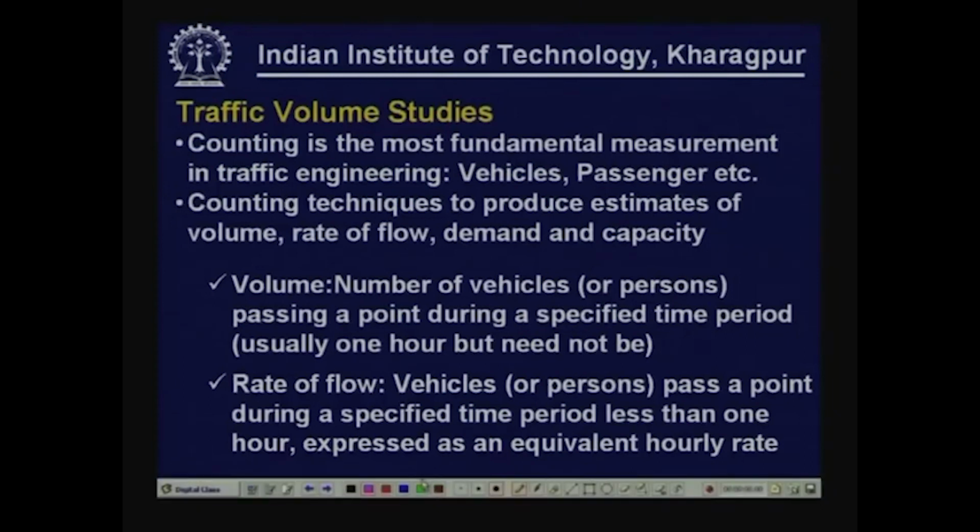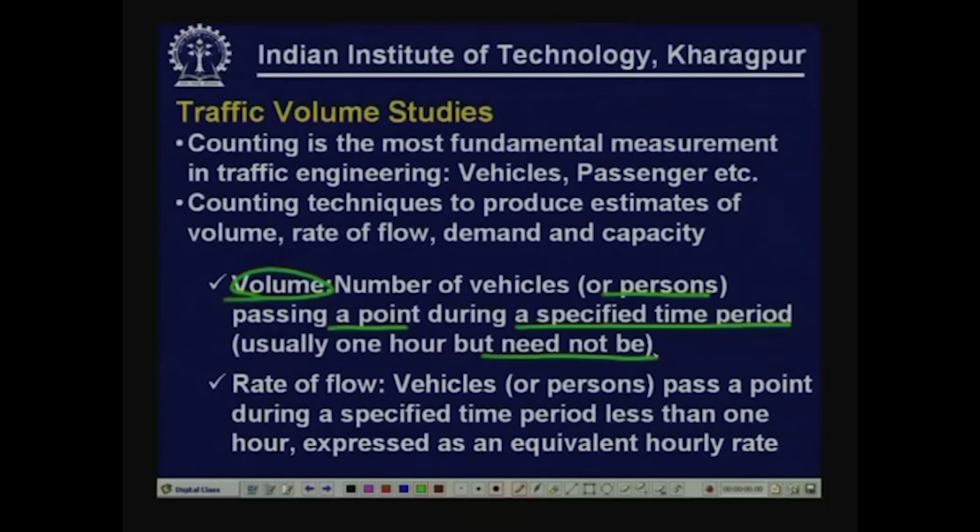Now, they are related terms. So, let us try to understand them. First is the volume. What is volume? Volume is basically the number of vehicles or persons, as I indicated, it may be vehicle, it may be person, passing a point during a specified time period, which is usually 1 hour, but need not be.